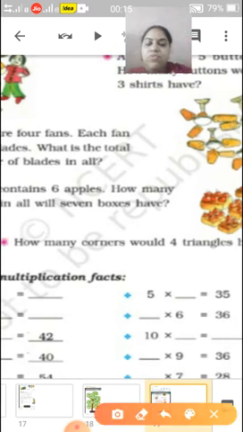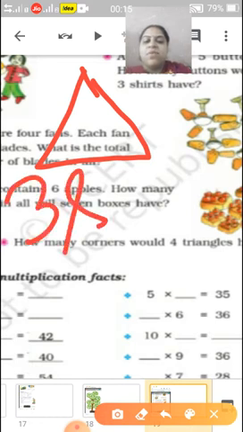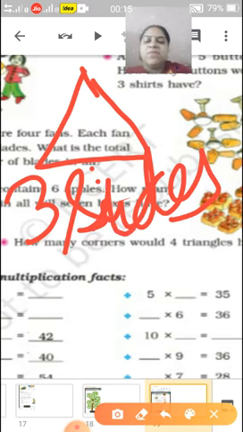Now come to next. How many corners would 4 triangles have? You know very well, triangles have how many sides? 3 sides. Okay children, triangles have 3 sides. Now they are talking about how many corners 4 triangles have.